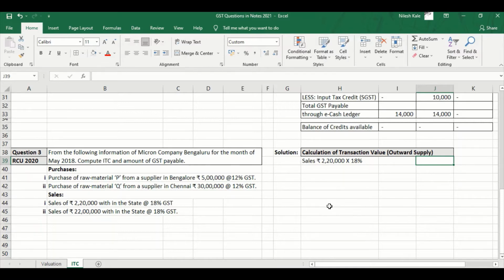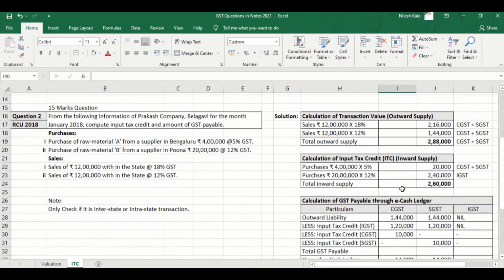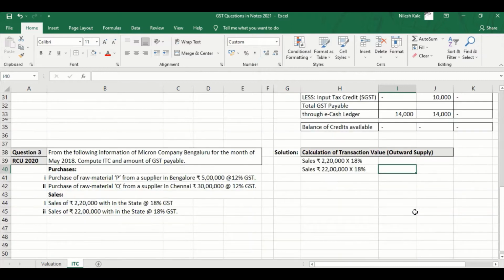And then sales of, I will directly write the values, rupees 22 lakh into 18%. This is what the question has given. We are just solving this.